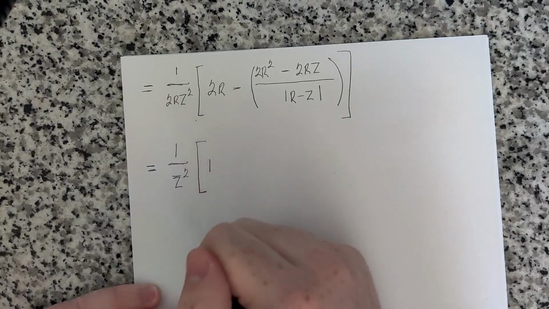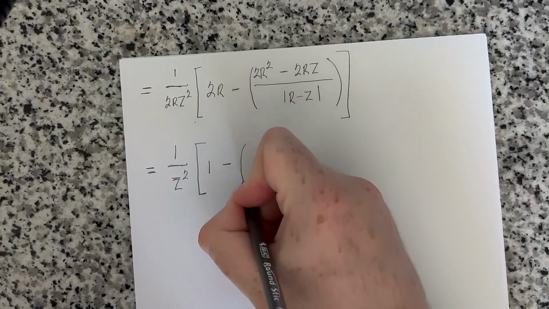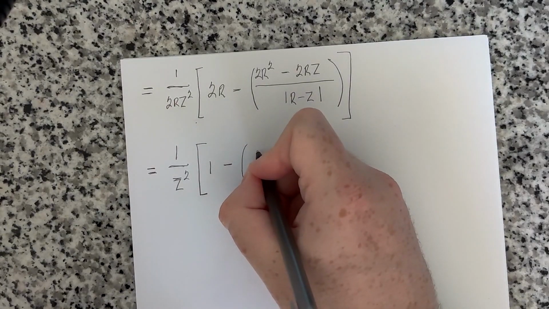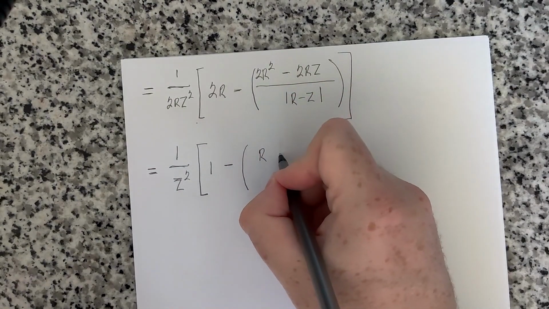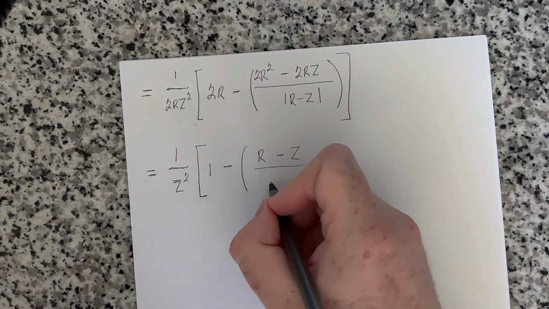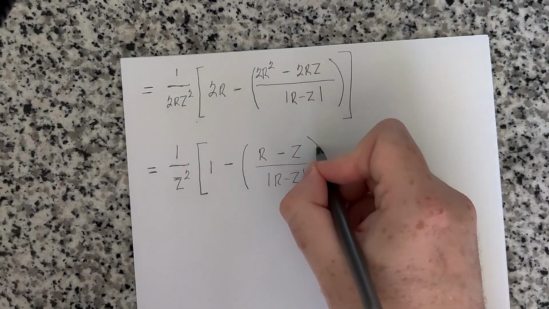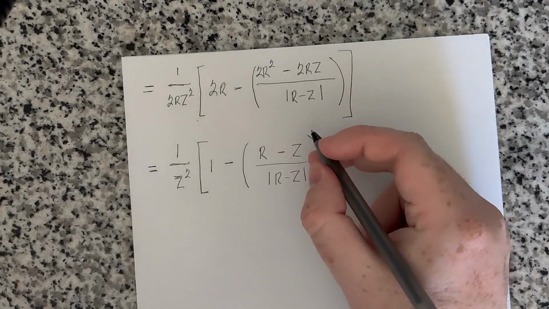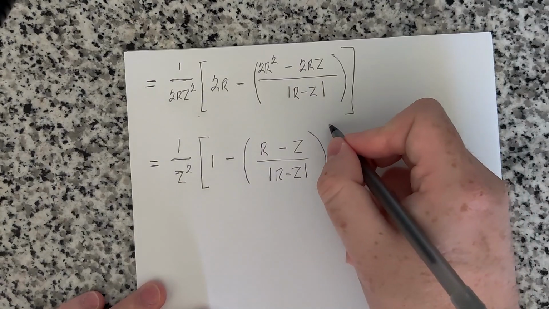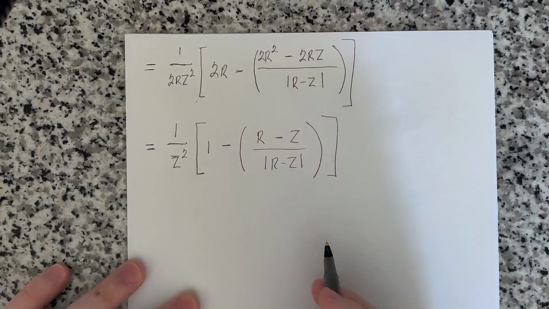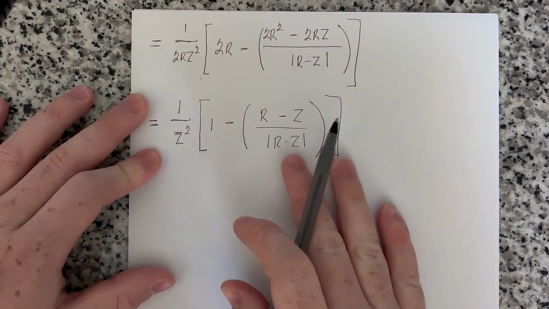So we have 1 minus, so 2r, this would just be r, and then minus 2r, so r minus z divided by the magnitude of r minus z. All right. And I think this is about the simplest we can get for our integral. So this is the answer to our integral.